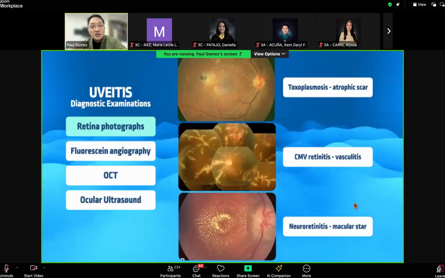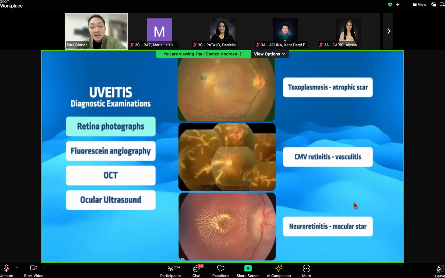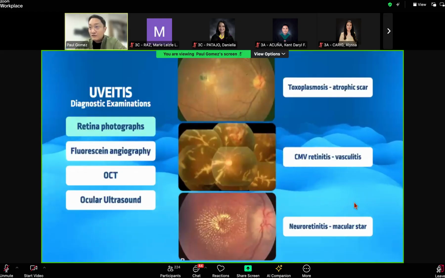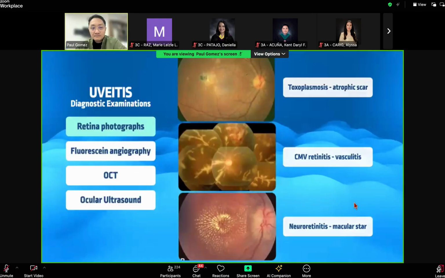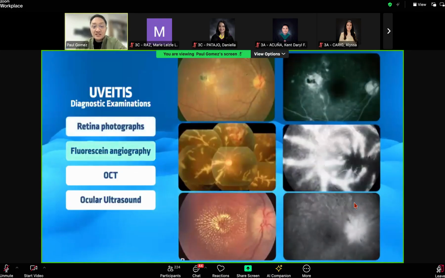And if you do serial retina photographs, you can see improvement or eventual worsening of the eye condition. And based on that, it may help the ophthalmologist to determine if the patient can be tapered off the treatments, or if there is a warranted intensifying of the treatment as necessary. And as an adjunct to retinal photographs, you have to ask for fluorescein angiography.